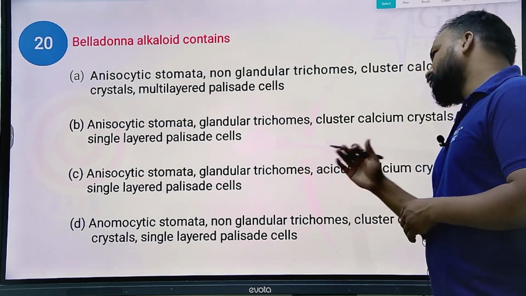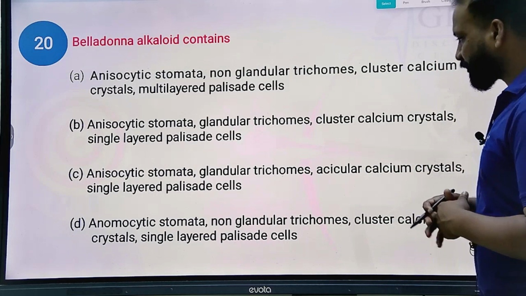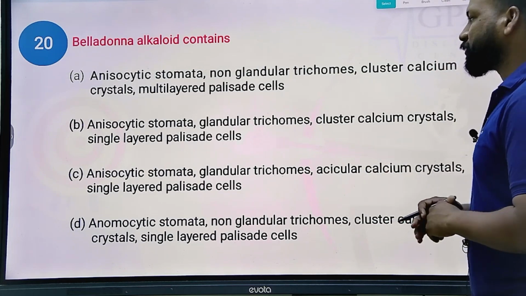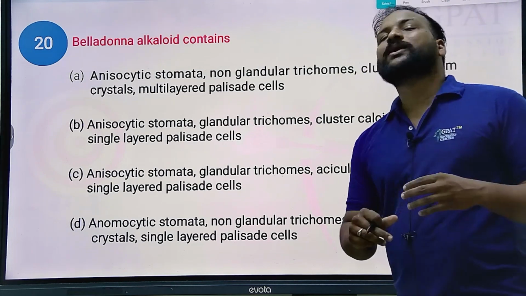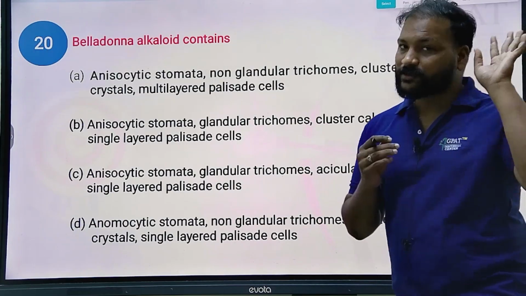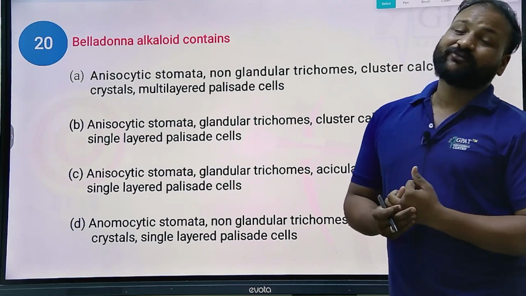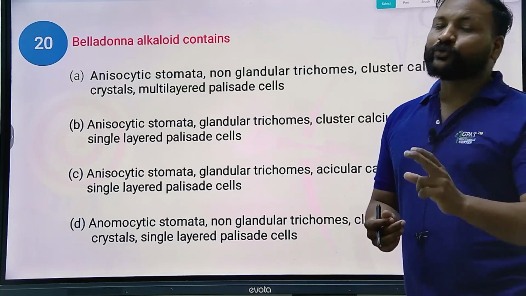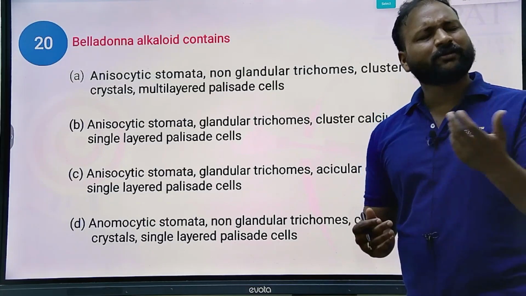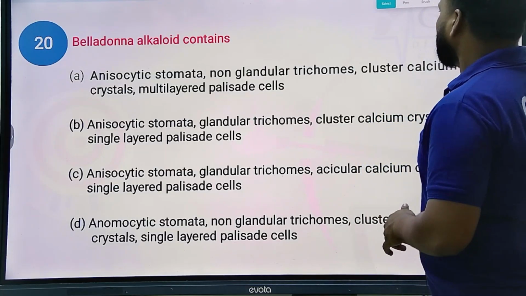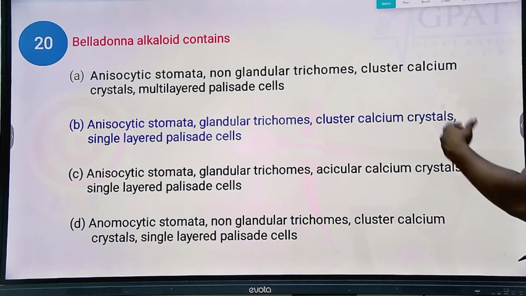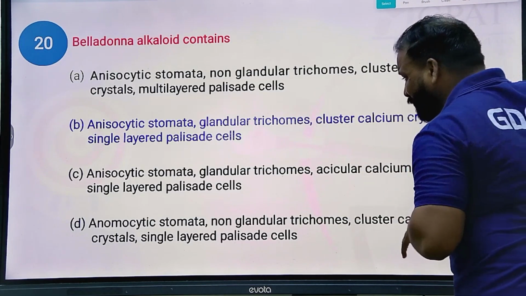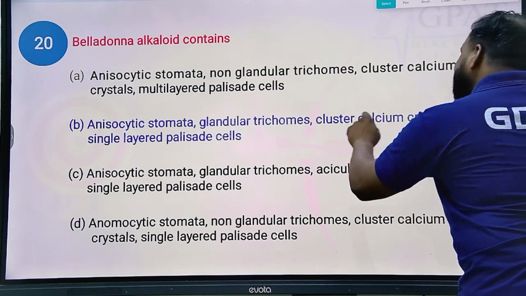Simple: find out what type of stomata and what type of trichomes are present, and it becomes very easy. You should remember a minimum of two important microscopic features. Undoubtedly the right answer is anisocytic stomata, glandular trichomes, and cluster crystals.